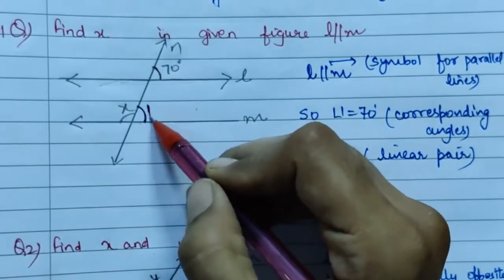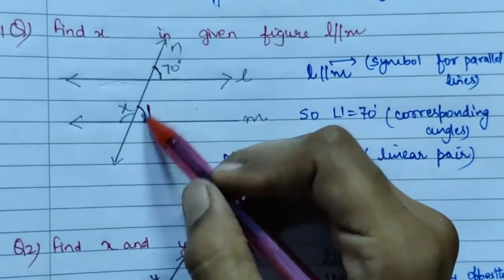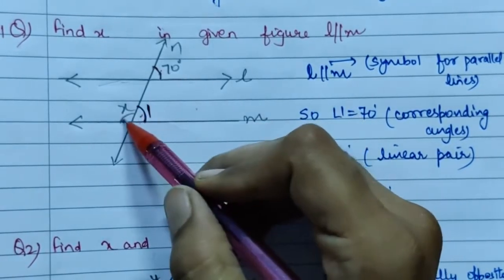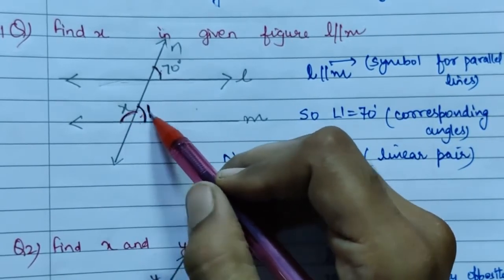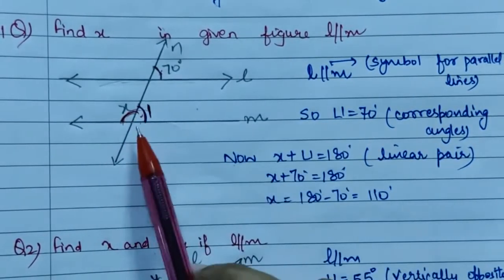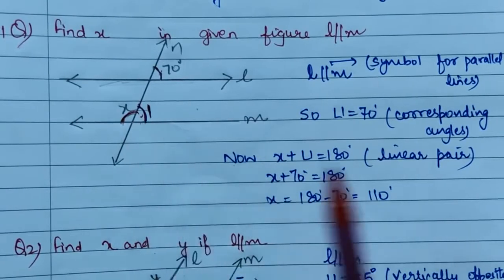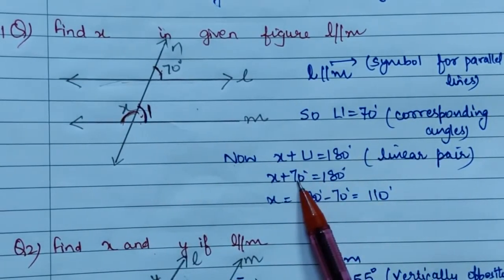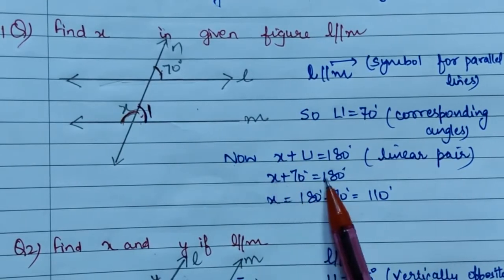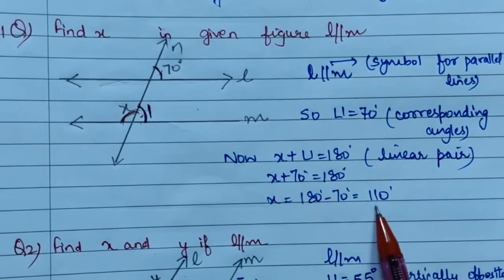Let us take it angle 1. These are corresponding angles. And if I have to find this angle, I can apply the linear pair. X plus angle 1 will be equal to 180 degrees. What is the value of angle 1? 70 degrees. So x will be 180 minus 70, that is 110 degrees.